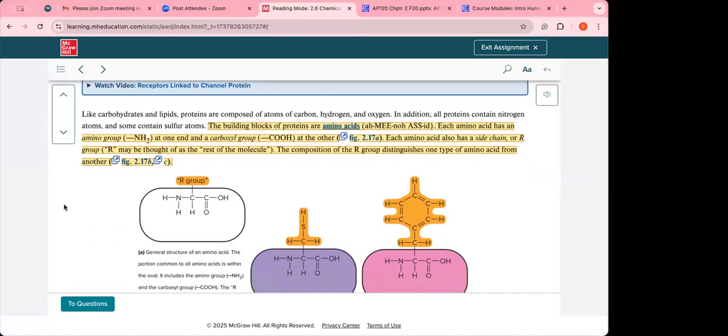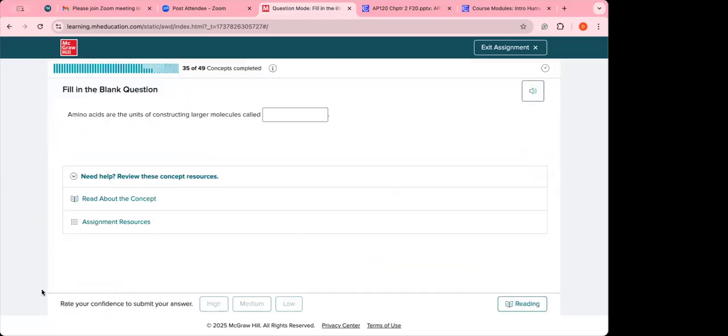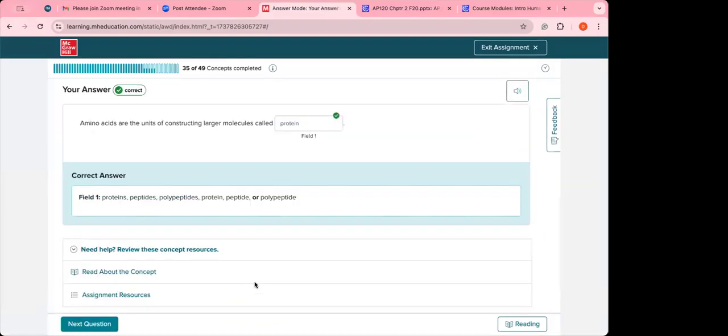So the building blocks of proteins are amino acids. So, if you go to your question, it says amino acids are the units of constructing larger molecules called proteins. Protein. Okay.